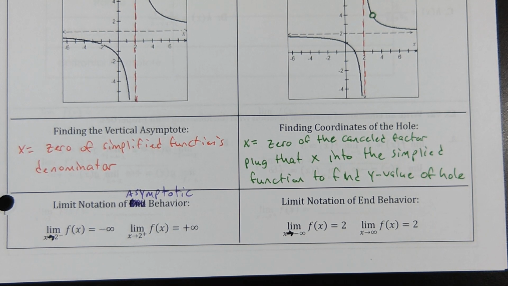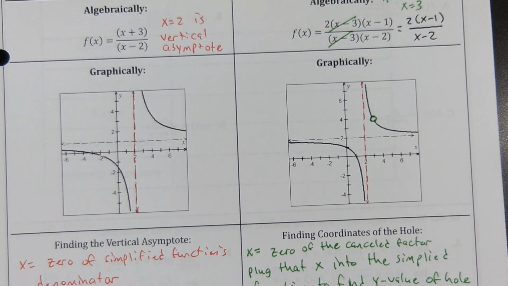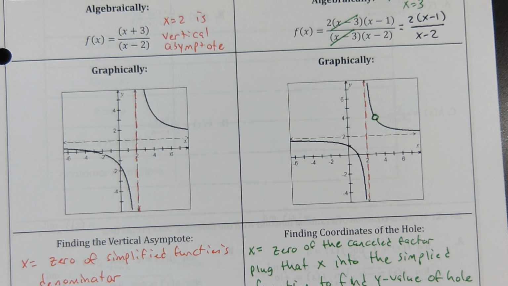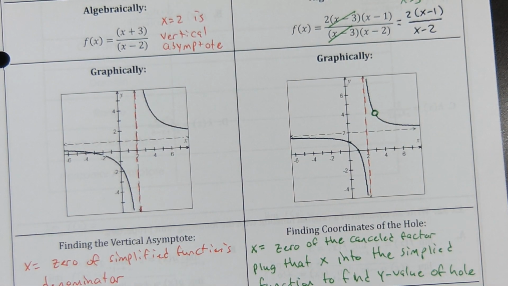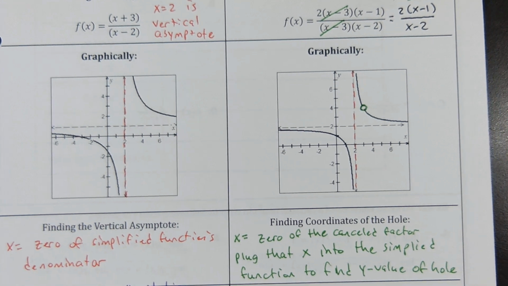So one more time. If the limit of your y values is one of the infinities when you're on either side of an x value, you have found a vertical asymptote. Graphs will always go to one or both of the infinities at vertical asymptotes. That's how we recognize them using limits.